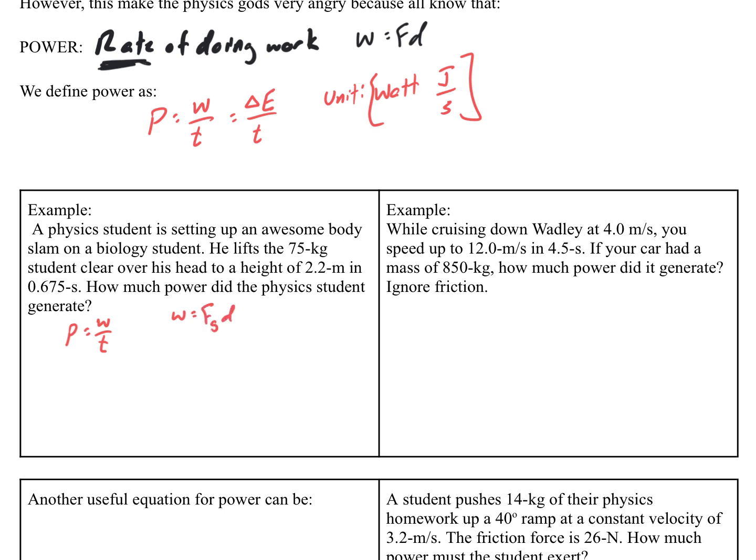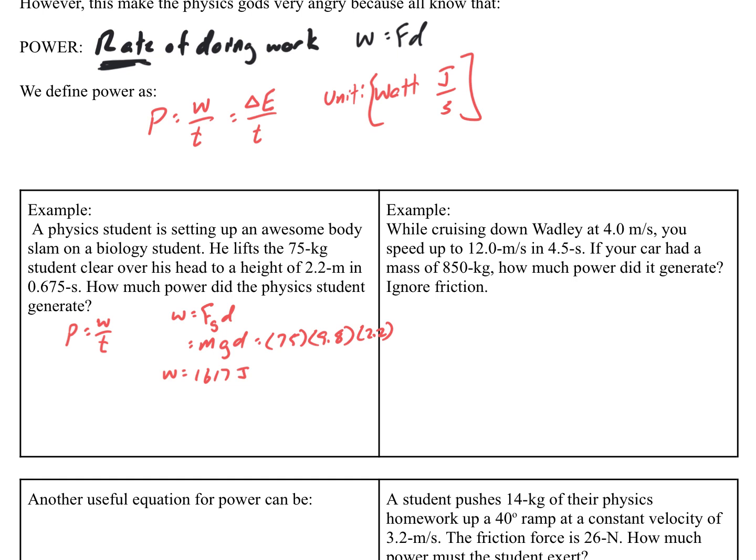It looks like we've done this before, but it's the force of gravity times the distance, which is m times g times d. So plugging all those numbers in, 75 for the mass, 9.8 for gravity, and the distance of 2.2, the work done lifting the biology student is about 1617 joules of energy, right?